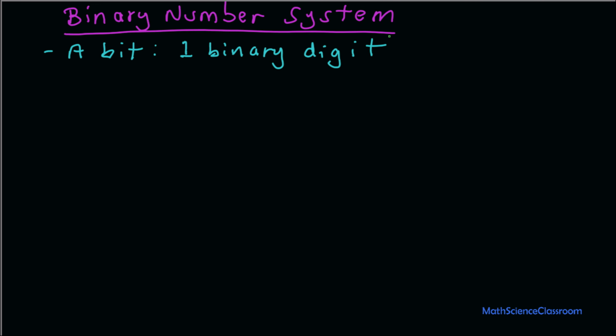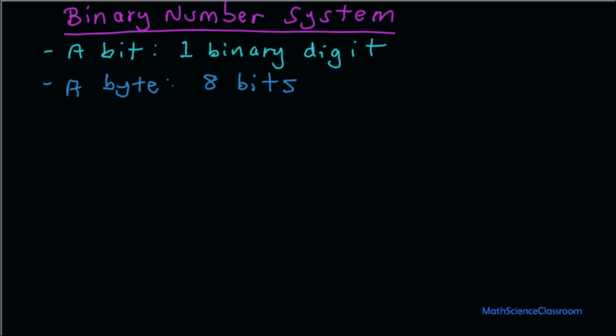So a bit would be either a 0 or a 1. A byte is normally 8 bits. So it's 8 positions or 8 zeros or ones. That would be a byte.